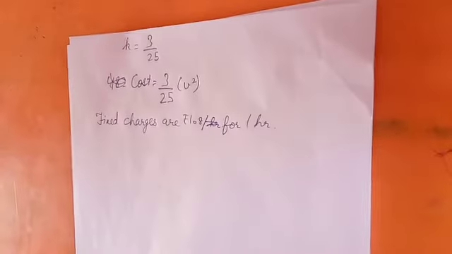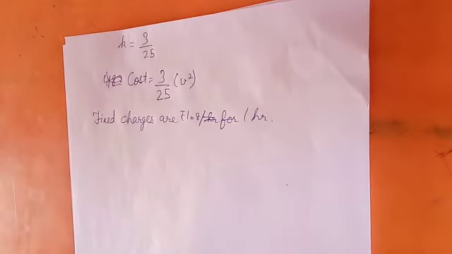Okay, so these are the fixed charges, and the cost of fueling charges are separate. These are fixed, these will be for sure, and the other which we have discussed earlier will depend on the distance traveled.